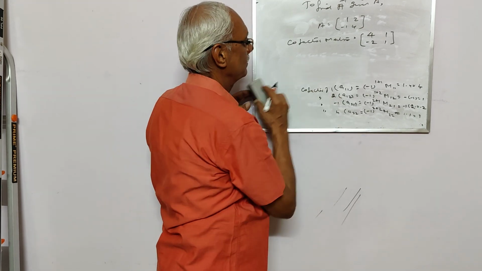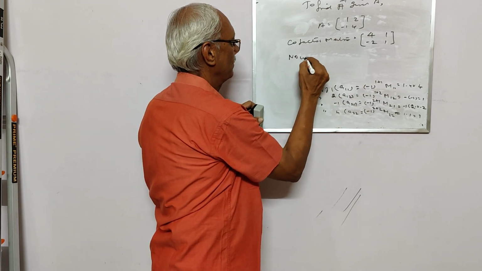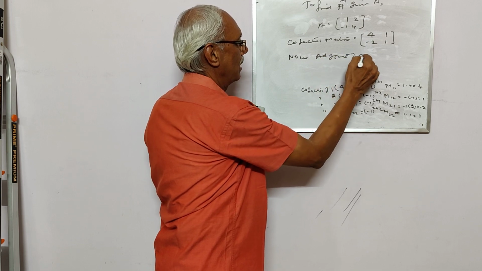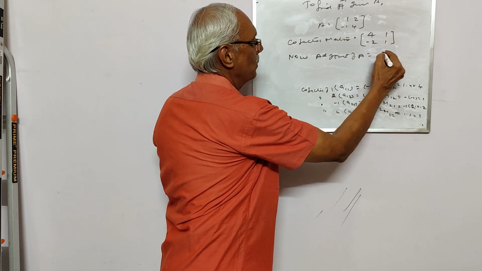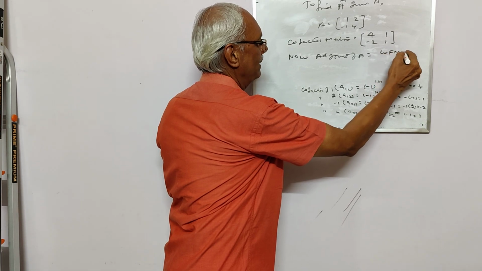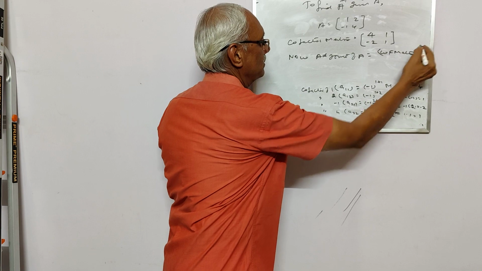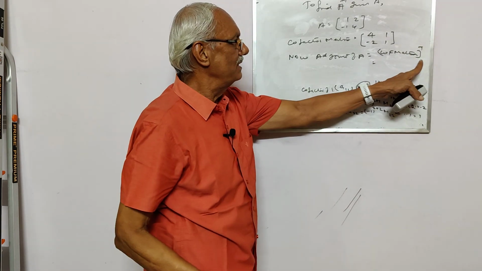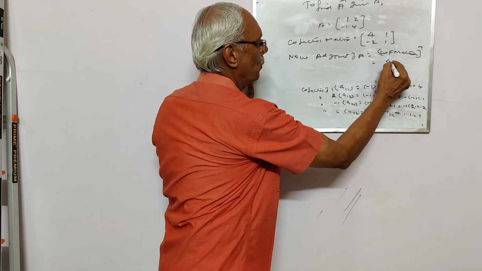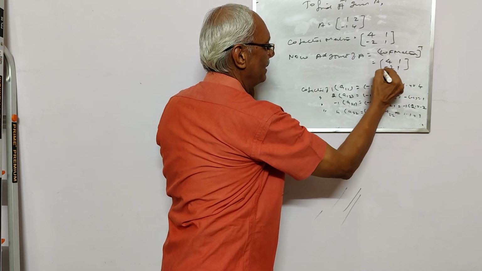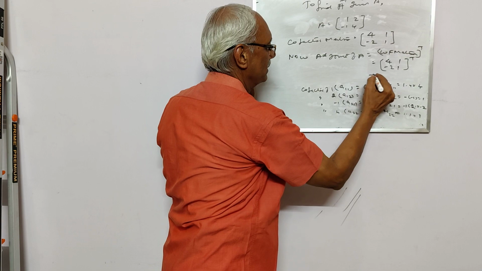Now the adjoint of A is equal to the cofactor matrix, take the transpose. Take the transpose of that, 4, 1, minus 2, 1. Take the transpose of this.